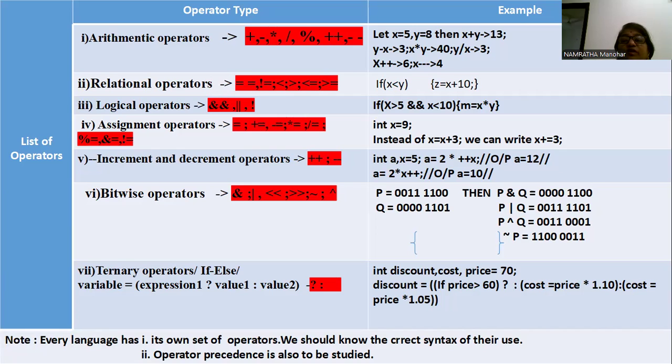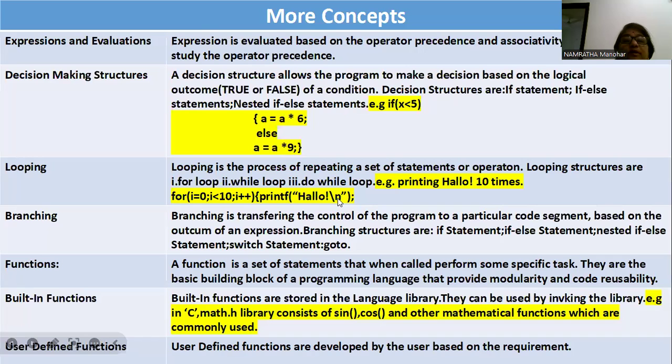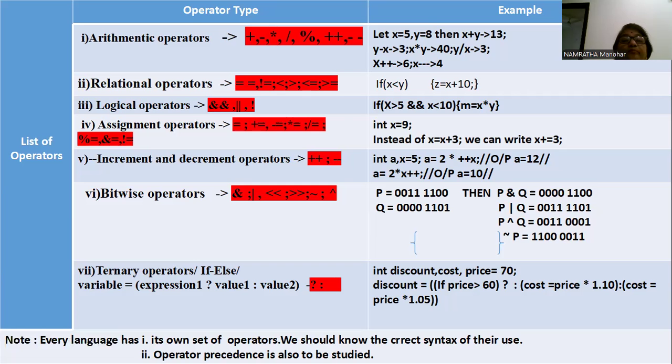Here we have what is called modulus. Now, relational operators: double equal to, not equal to, less than, greater than, less than or equal to, greater than or equal to.